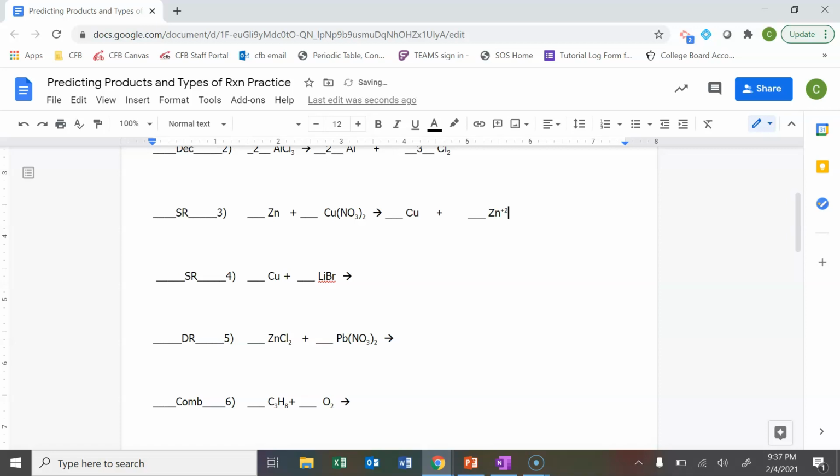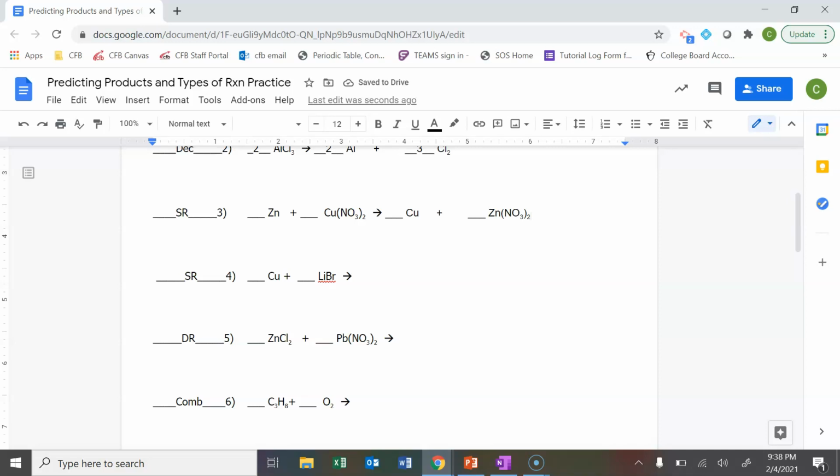And then I have NO3 with a -1 charge. All right, we want to crisscross. The 1 goes down here, and the 2 goes down there. Get rid of our charges. 1 on the zinc, and a 2 as a subscript on the NO3.